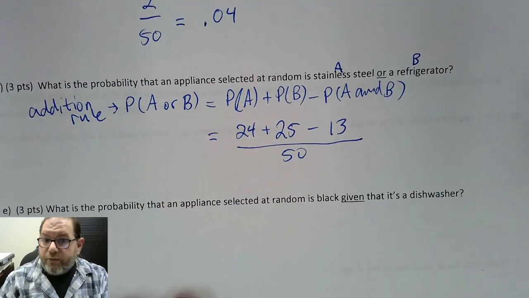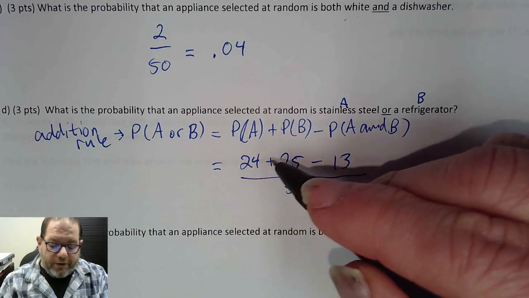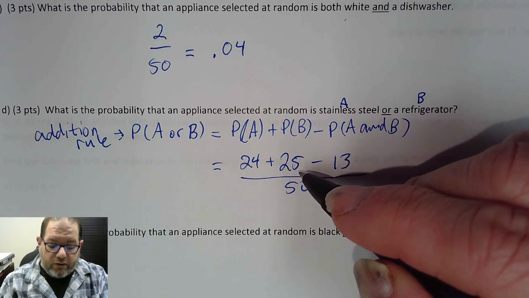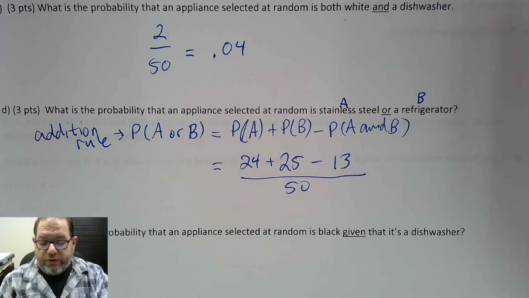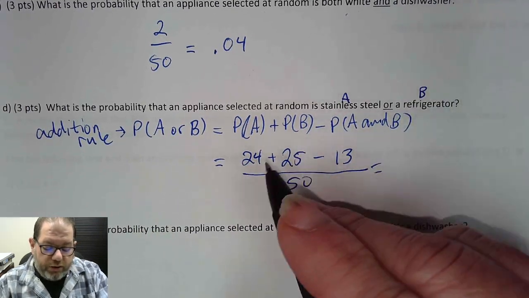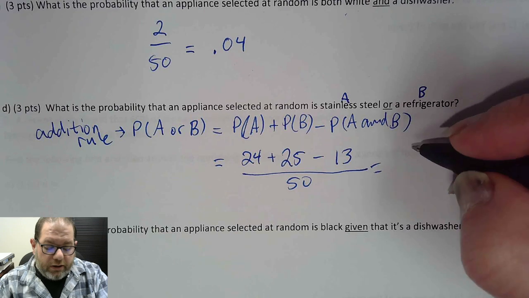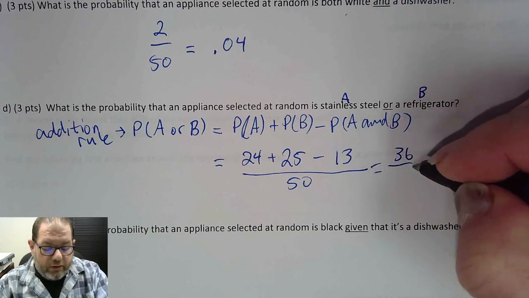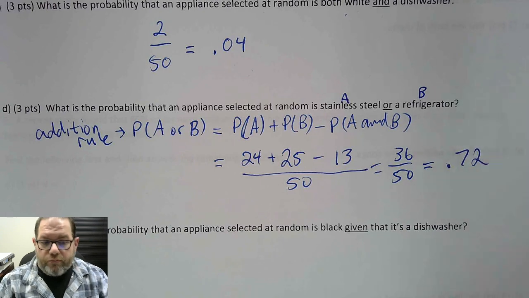Essentially, that's the number we've overcounted by, because those 13 appliances already appear in both of these categories. So we have to balance it out. So 24 plus 25 minus 13 gives us 36 out of 50, which is 0.72 probability.